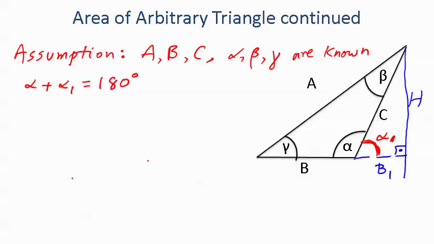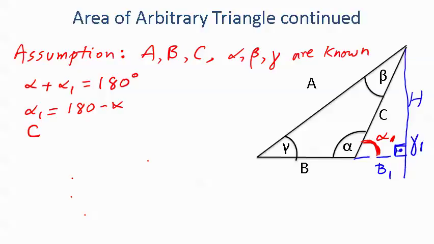And from here, we can solve and find angle alpha 1. So in this new triangle, we know the angle alpha 1. Also, we know side C. And we also know that we have here a right angle as well. So let's call this gamma 1 for completeness.